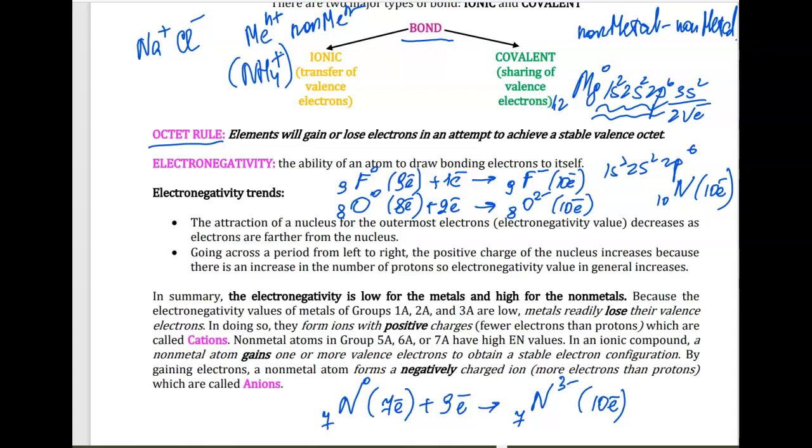So there are two ways for metals and non-metals to become more stable, but when they form a compound together, I mean metals and non-metals, metals form ions, cations, positively charged ions, and anions, negatively charged ions. And after they become ions, they are attracted to each other.